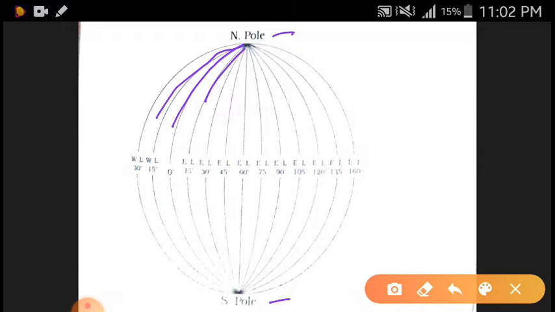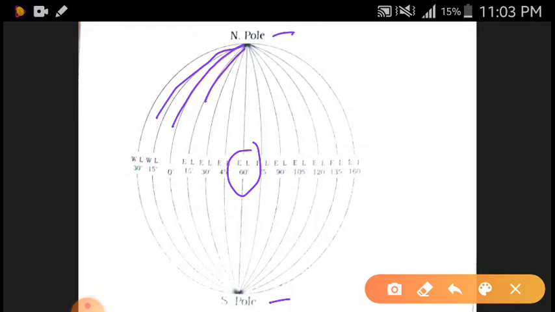In the center there is 60 degree, then 45 on both sides, 30, 90, 105, 120, 135, 160 degrees, and the west direction is also indicated. So these are longitudes.